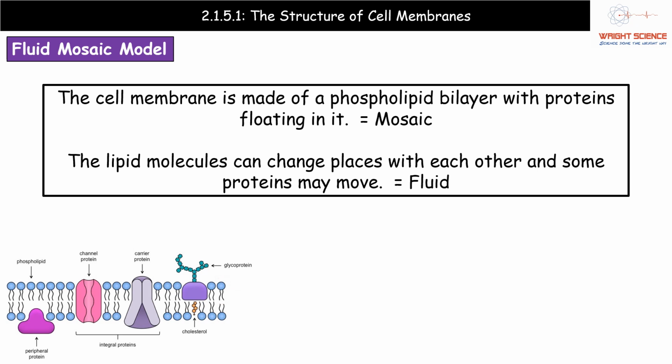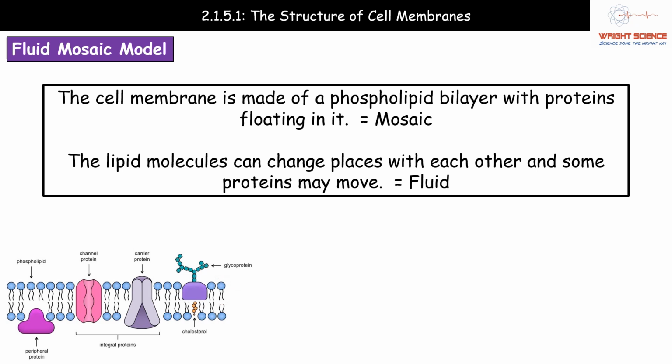If we look at the word mosaic and we think about what mosaics are, then if you consider the word mosaic in art, that's where we've got all these different little pieces coming together to make a larger picture, for example. Now, in terms of applying that to our cell surface membranes, what we have is a phospholipid bilayer, and then we've got various proteins scattered throughout it.